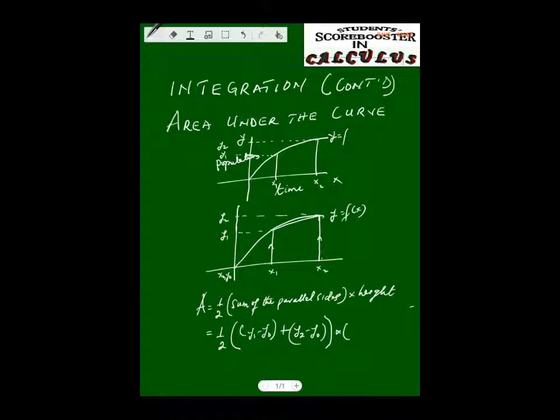The height is from here to here, and that will be x2 minus x1. If I want to compress this, it's going to be the summation of delta y times delta x.